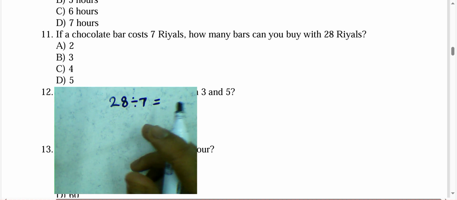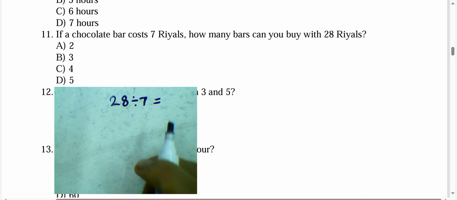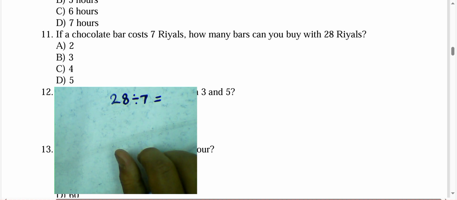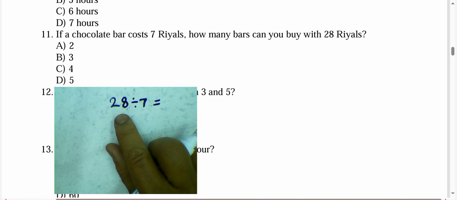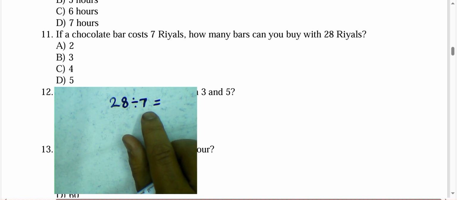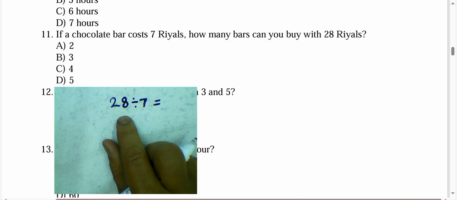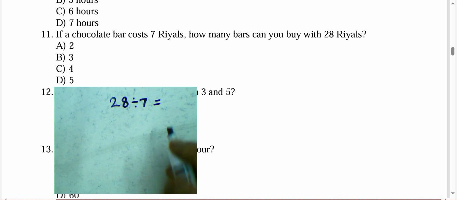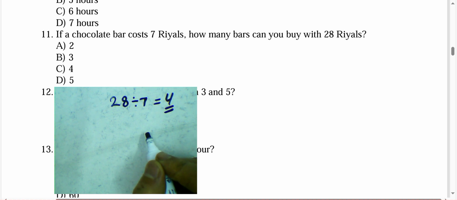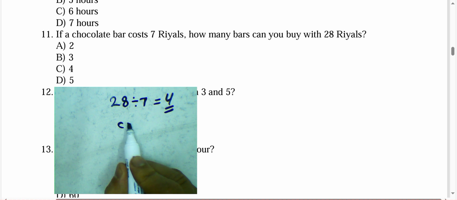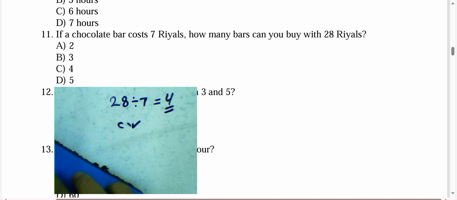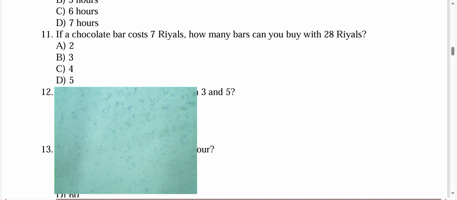How can we find the result? By using division. 28 divided by 7. 7 times what equals 28? You can ask yourself. 7 times 4 equals 28. Then the number of bars will be 4. The result here will be letter C.